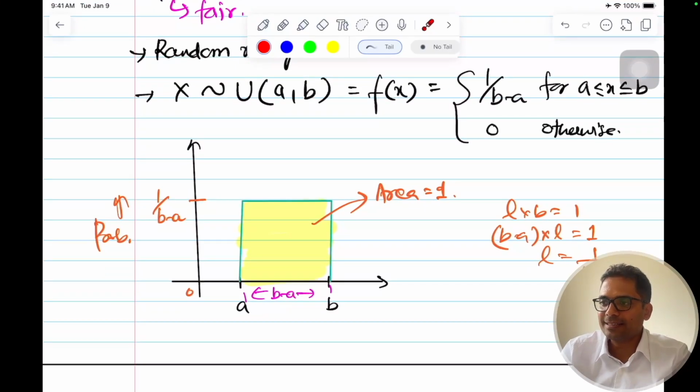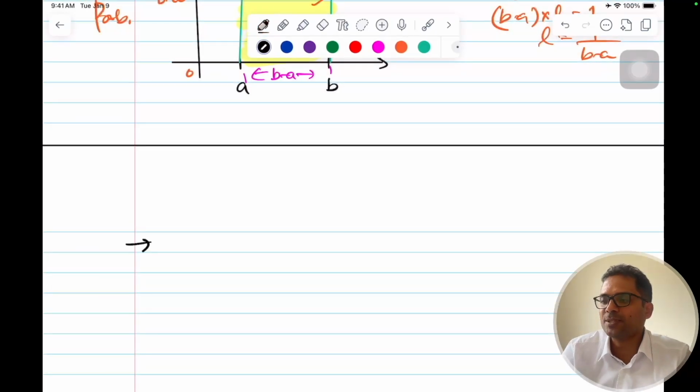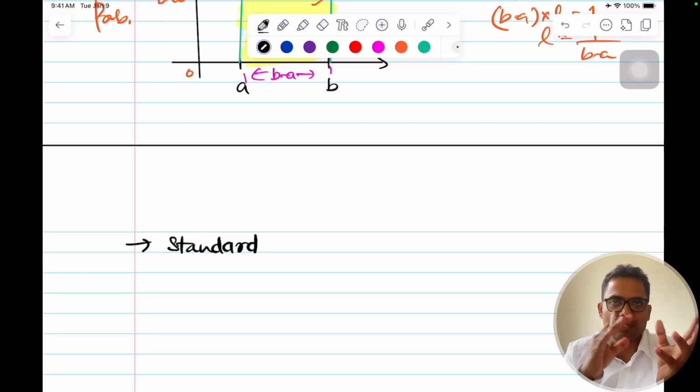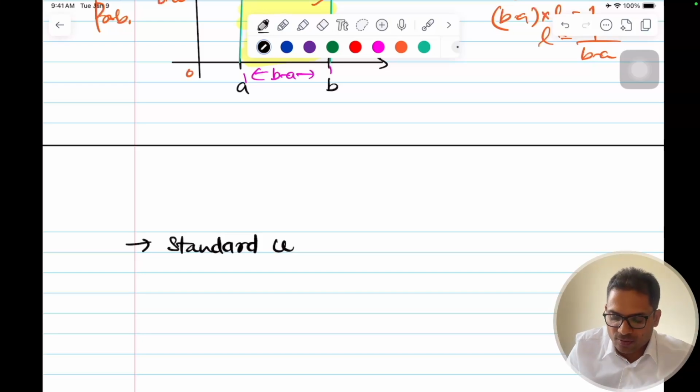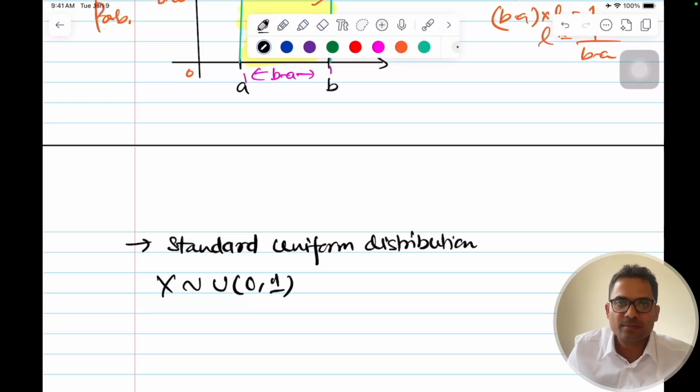So there is one special case of this. Let me give you some more information. This is just good to know: there is a special case of uniform distribution, when the range from a to b is from 0 to 1. That is called standard uniform distribution. When the range is from 0 to 1, we say that is standard, and that is what is used for random number generation.